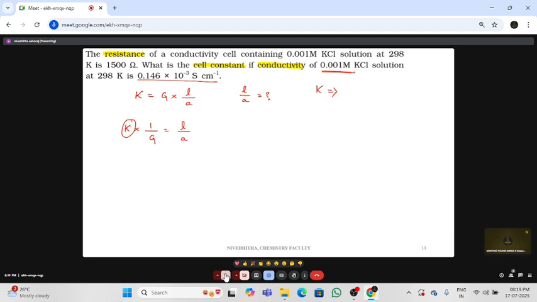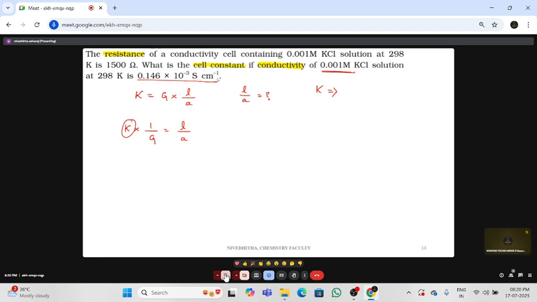Kana, what is the value of kappa? Bhumika, what is the value of kappa? No, Kana, it is not 0.001.